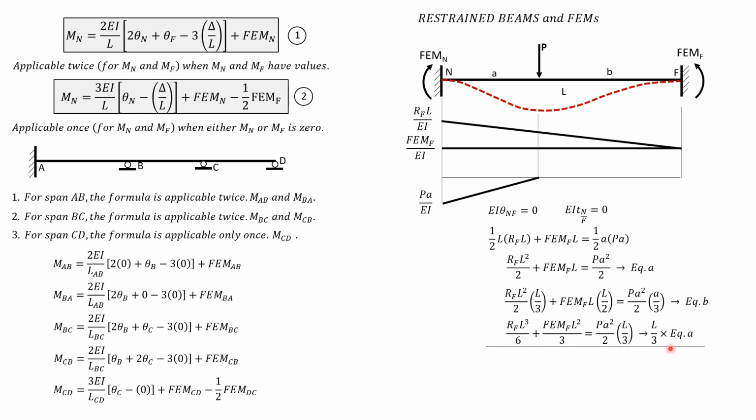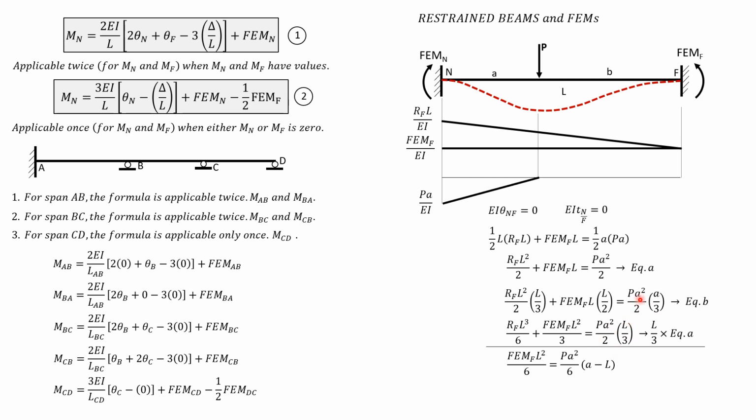After we subtract this equation from equation B, we have eliminated RF L cubed over 6. Then we have fixed moment L squared over 2 minus fixed moment L squared over 3, which are like terms. So 1/2 minus 1/3 is 1/6, so fixed end moment L squared over 6. Then here, PA cubed over 6 minus PA squared L over 6.